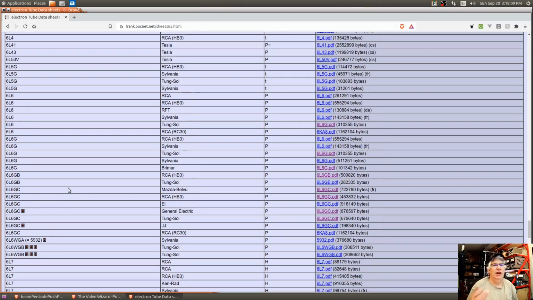Typically when I pick out a data sheet, I look for a General Electric data sheet, because, particularly if it's newer General Electric, they seem to have a more complete graph set for designers. So we're going to pick the 6L6GC, which is this one right here.